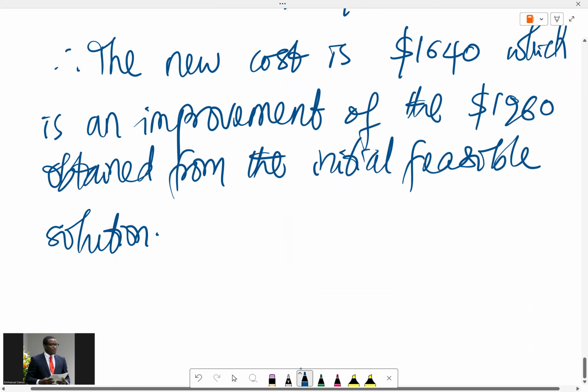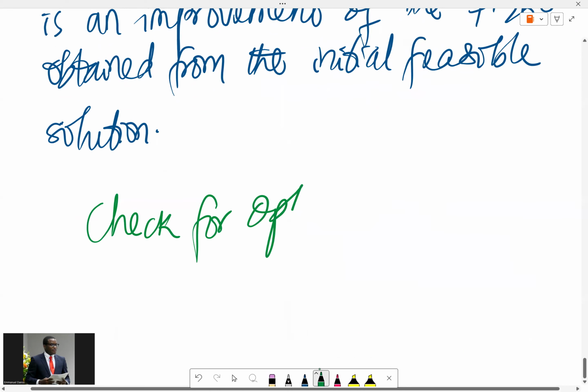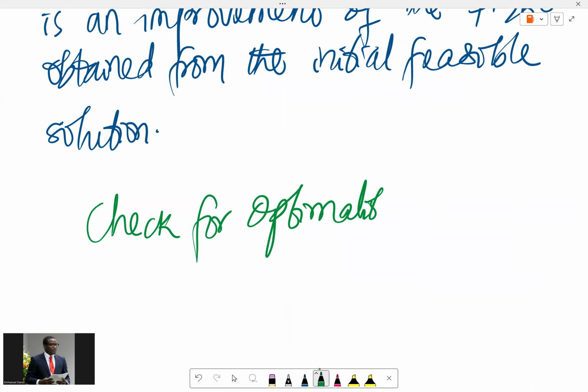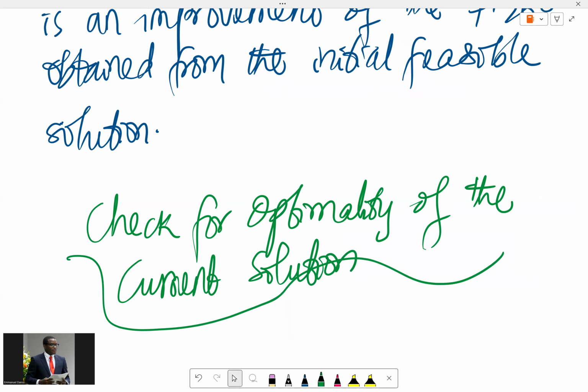So again, we can check for optimality of the current solution. We use the stepping stone method.